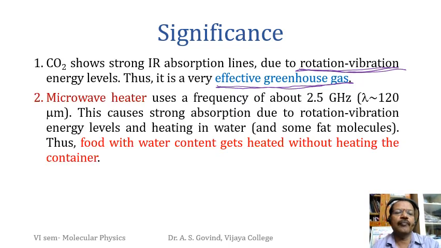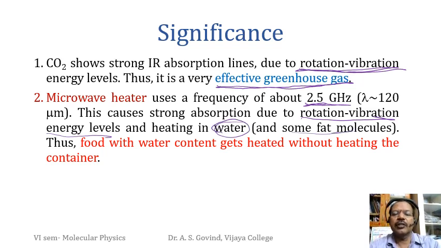There are many other gases which do that, and CO2 is one of the effective greenhouse gases. Then a microwave heater uses a frequency of about 2.5 gigahertz and the corresponding wavelength is about 120 micrometer, and this corresponds to rotation vibration energy levels of water, mainly water and some fat molecules.